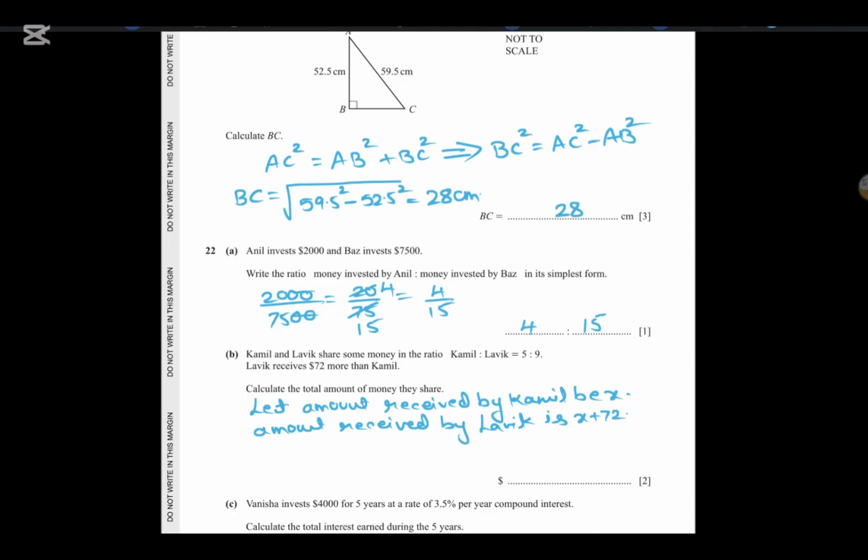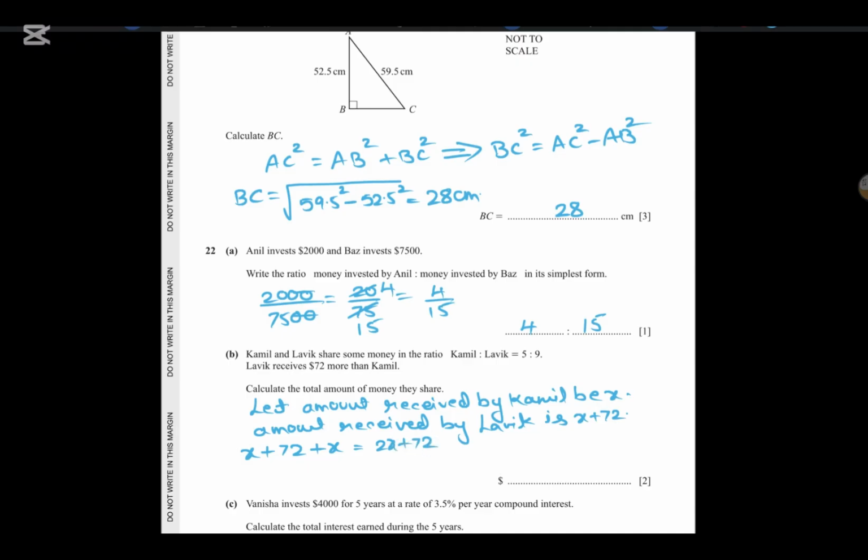Okay, so now X plus 72 is what? The ratio from 5 is to 9 you have to take here. So X plus 72 plus X is equal to 2X plus 72.